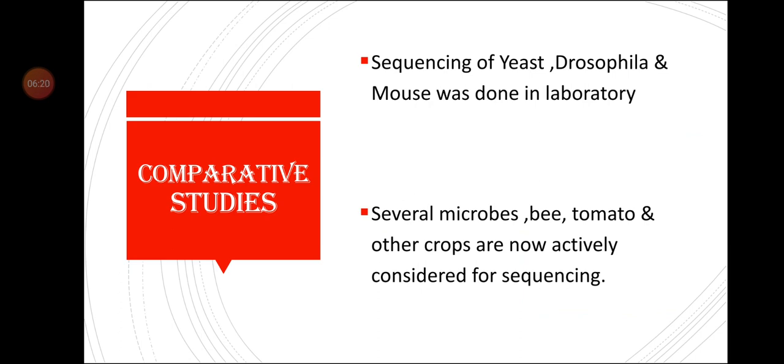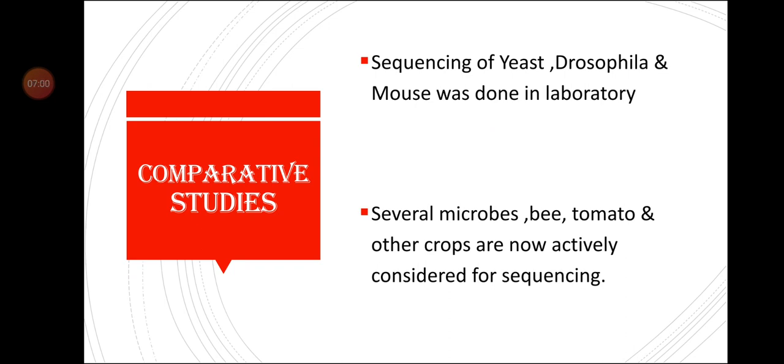The sequencing of yeast, Drosophila and mouse was done in order to facilitate comparative studies between humans and other organisms that are commonly used for genetic studies in the laboratory.